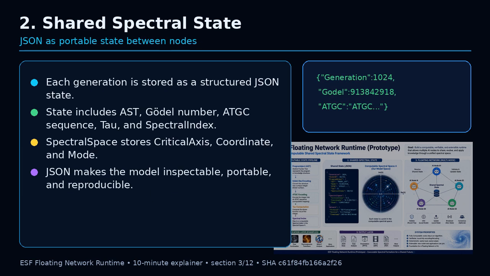The shared state is expressed as JSON. This is important because JSON is both human-readable and machine-readable.